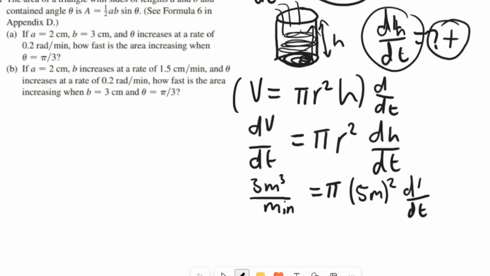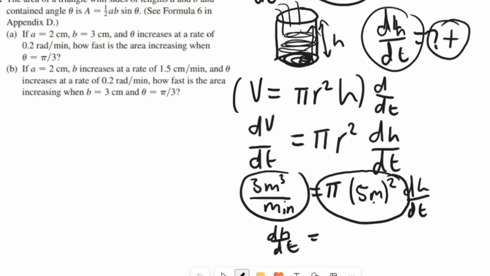So the answer for dh/dt is going to be what? It's going to be these guys divided by these guys here. We have meters squared cancelling 2 of the m's there, if we divide by m squared on both sides.